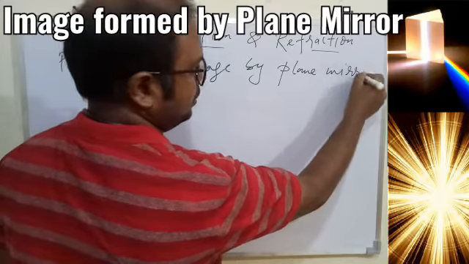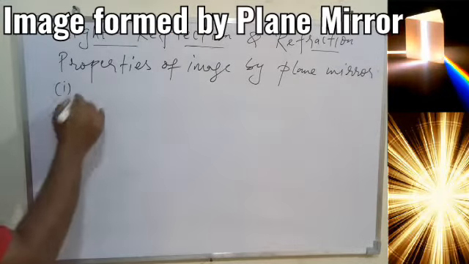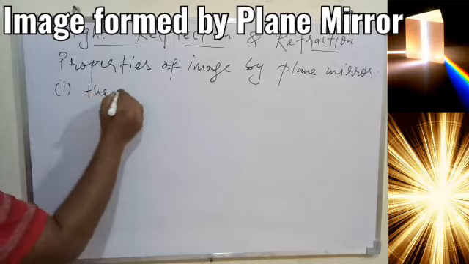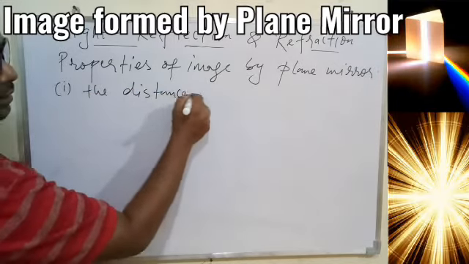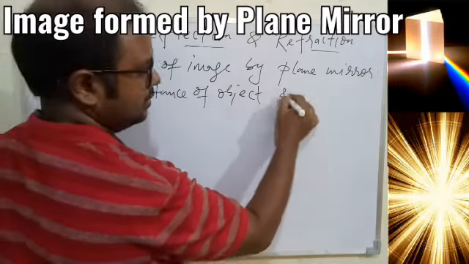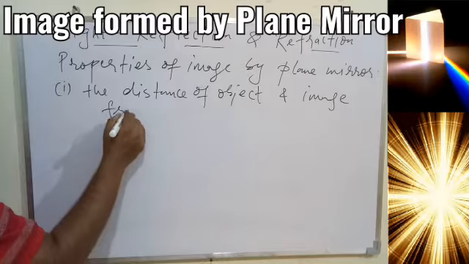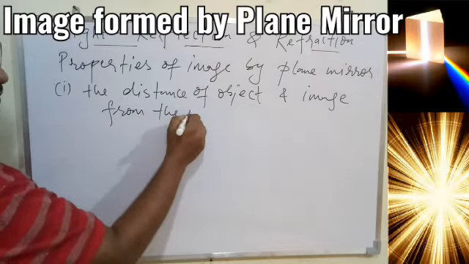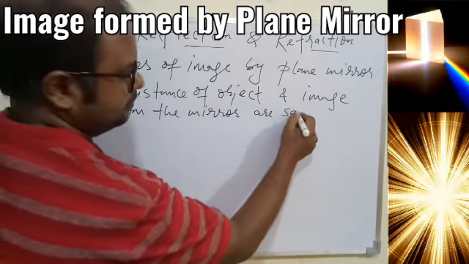So if you combine all the concept, the very first we understood, that is the distance of object and image from the mirror are same.